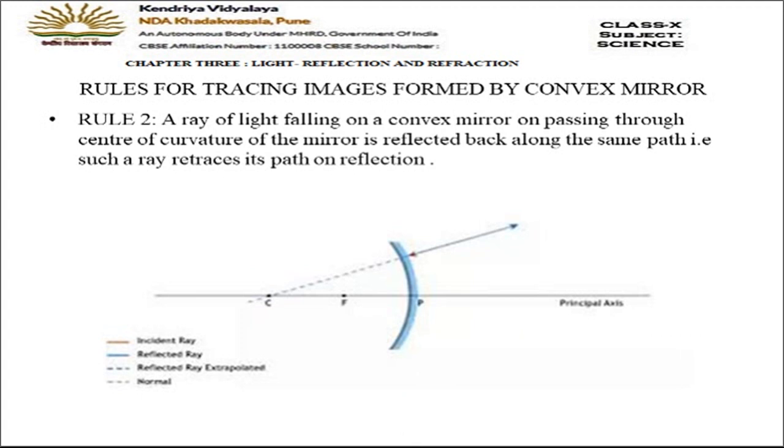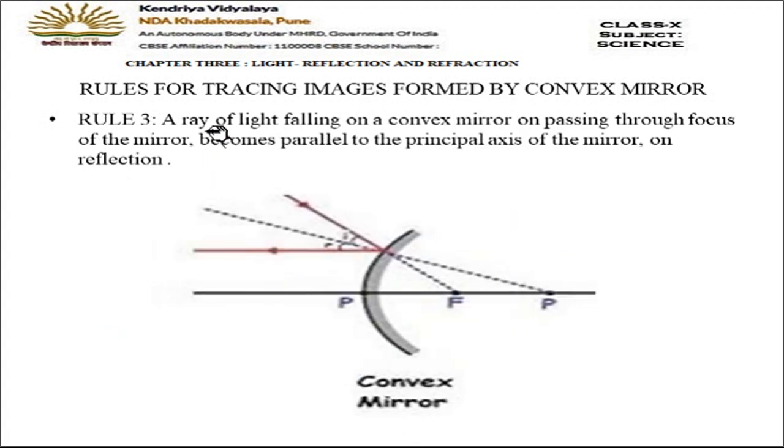Now let's see rule number 3. A ray of light which falls on a convex mirror on passing through focus. If a ray of light is coming like this, and if you backtrace this, it appears that it is coming from the focus. Okay, so after striking the mirror, it gets parallel. Students, all the rules are the same as of the concave mirror, but here the rays are not actually coming from those points.